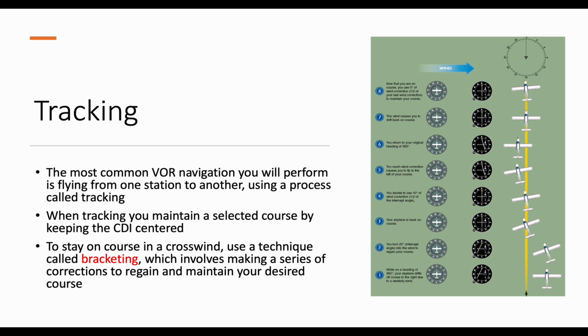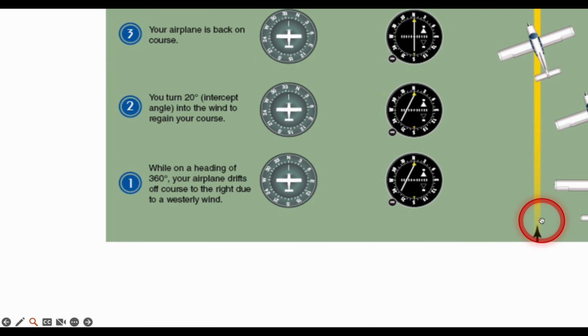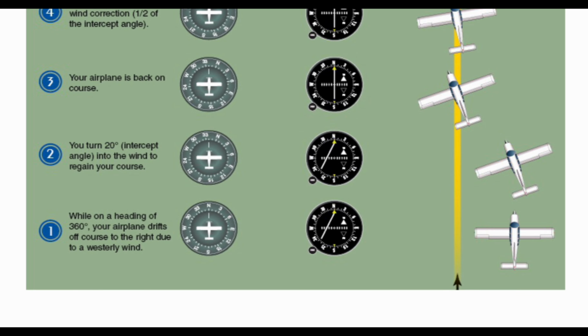And when it comes to tracking, we'll go over the steps of what that would look like. In step number 1 right here, this plane is to the right of the radial. The idea is that you want to be directly over the radial and follow that to the station. You'll notice that the needle swings to the left. So if you chase the needle, this airplane corrects to the left. It begins to get closer and closer, and that needle starts to swing.